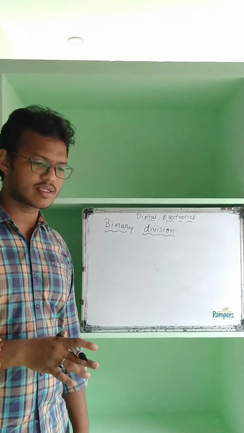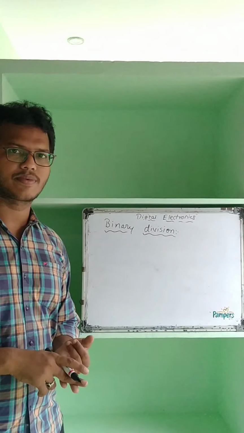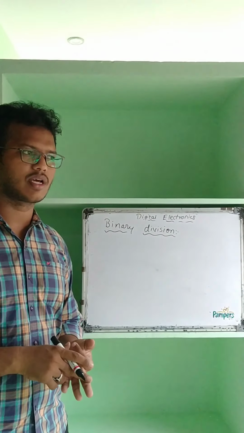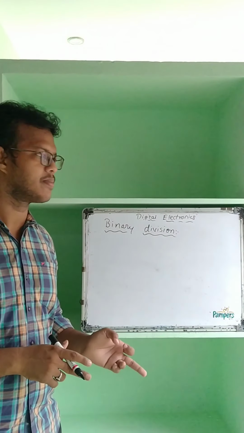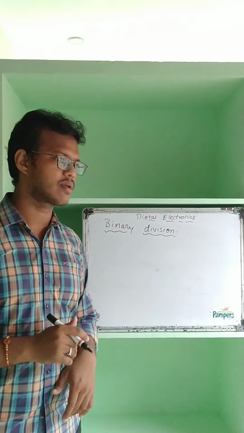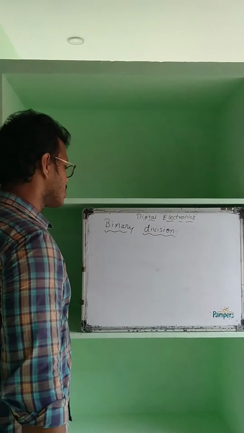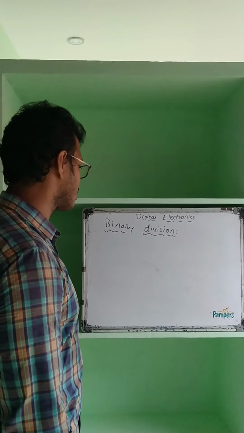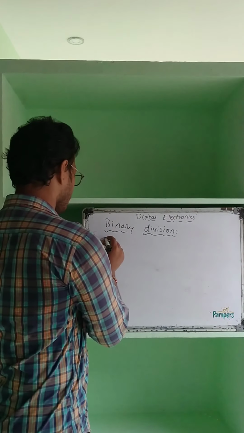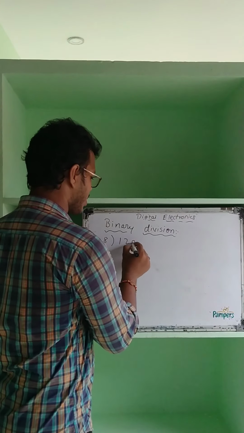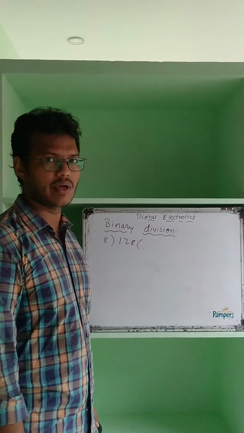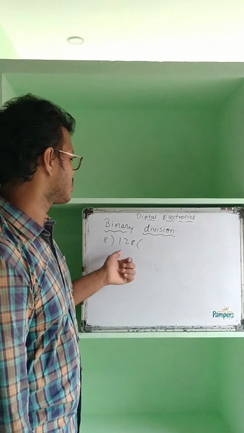So far we have discussed binary addition, binary subtraction and binary multiplication. Our last topic in today's lecture is binary division. So how do we divide, say, 128 by 8? First we see the first digit.